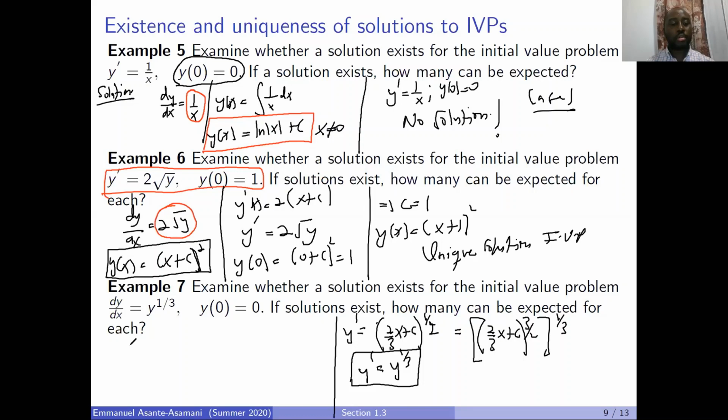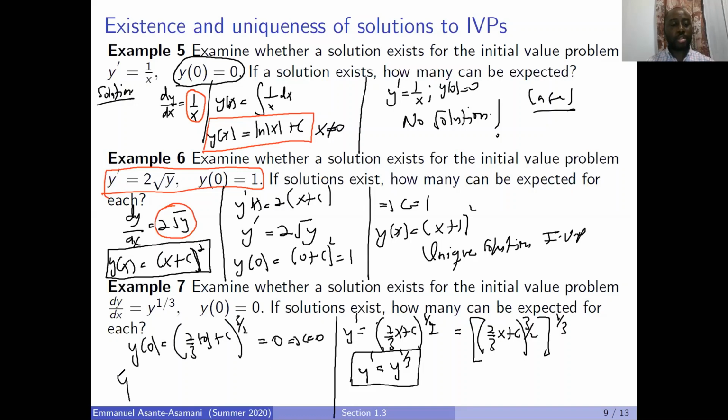Okay, so we want y when x is 0 to be 0. So we want 2 over 3 times 0 plus c to the 3 halves to be 0, which implies that my c has to be 0.